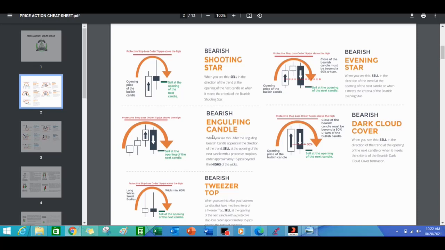All these are very important. Once you are able to identify some of these patterns, then you will be able to trade the asset for a very long time, or for short. It depends on the market situation.